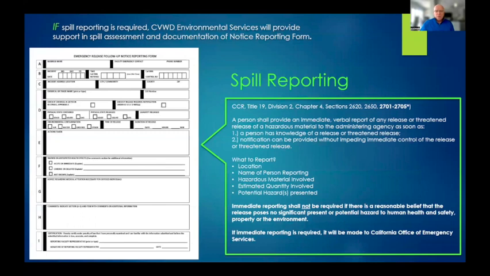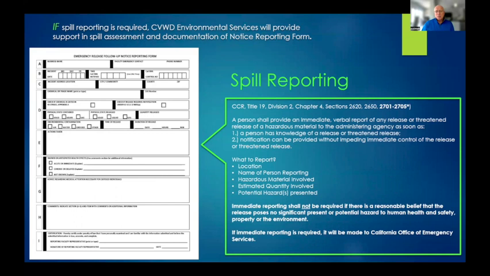So like I said, spill reporting is something that you aren't necessarily going to do directly, but if there is a spill, we'll be asking some questions. It's not to get anyone in trouble. That's not what we're looking at doing here. We're looking at getting the information so they can properly report it to Riverside County.